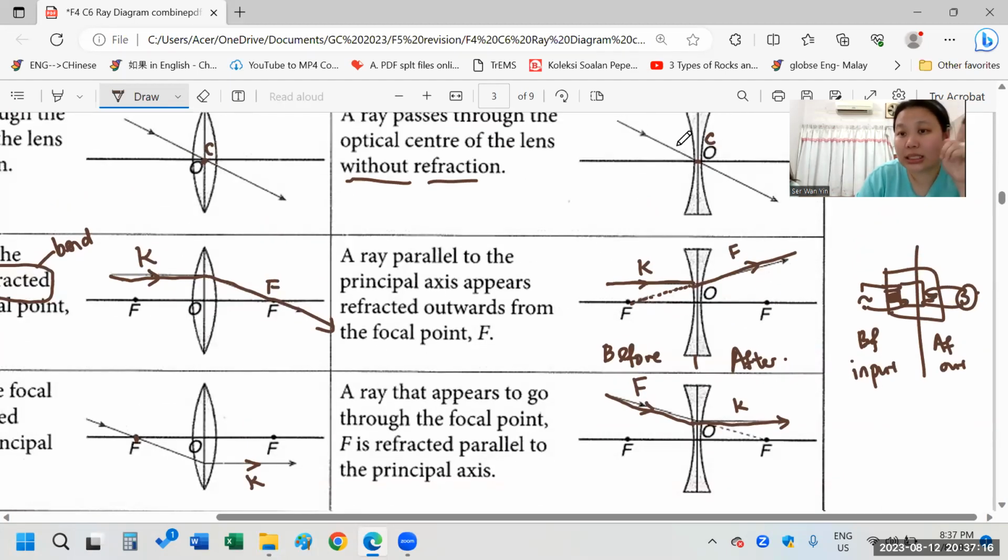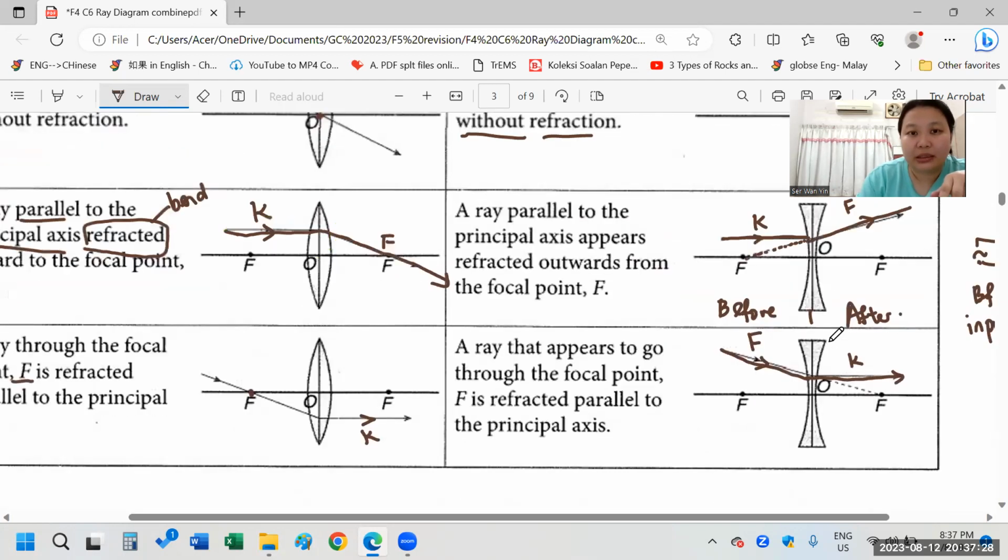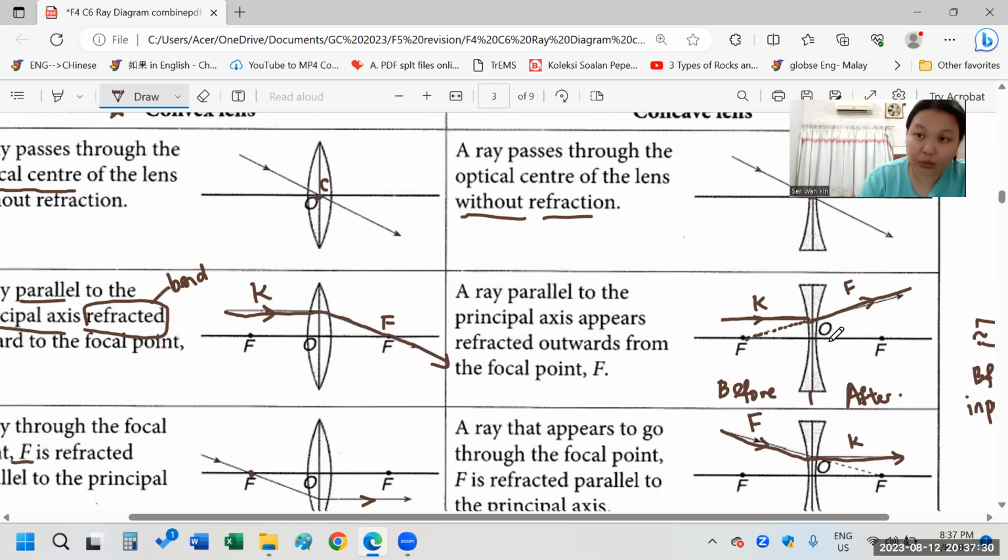Actually, this is C, go straight. KF means parallel, focus. FK, focus, parallel. Alright? Seems like you understand. It's okay, we will draw the complete one.